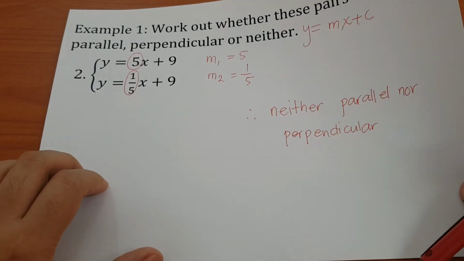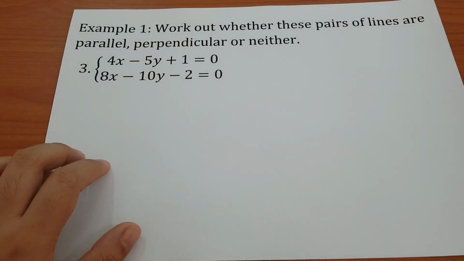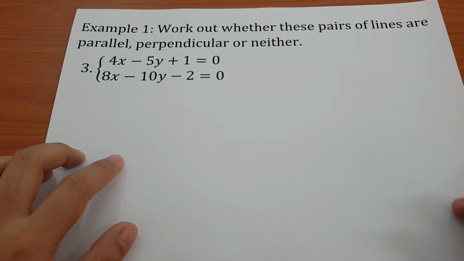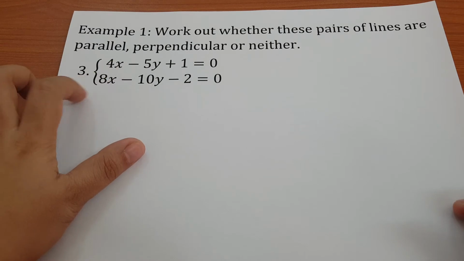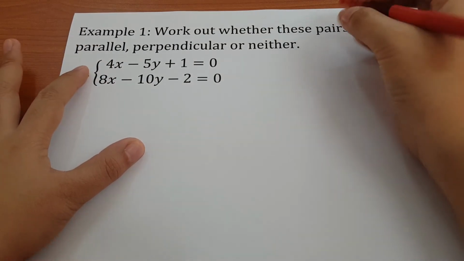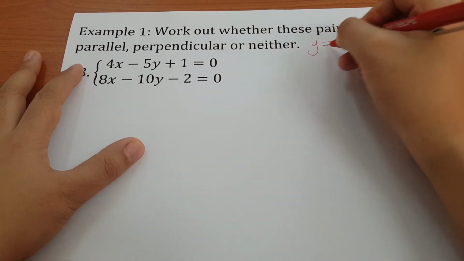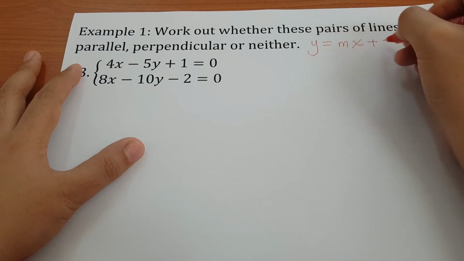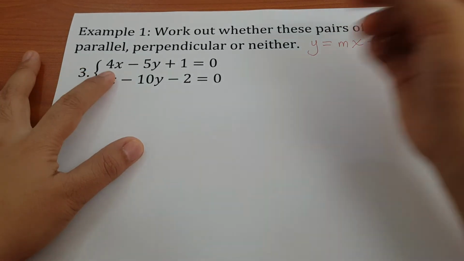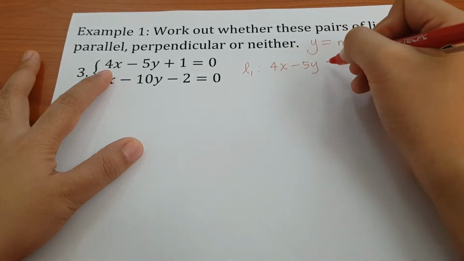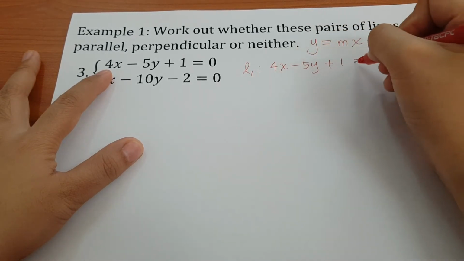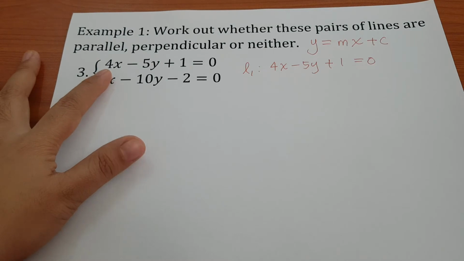Let's have the last example. Now here, we cannot directly identify the value of your m. So we have to change each into the form y equals mx plus c. Let's start with line 1. 4x minus 5y plus 1 is equal to 0.